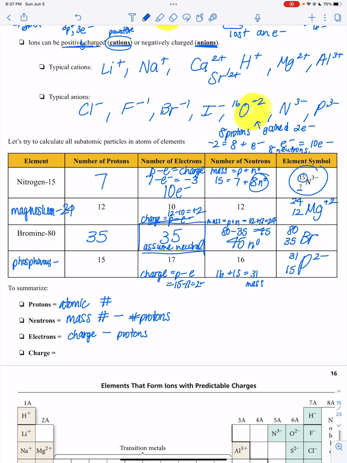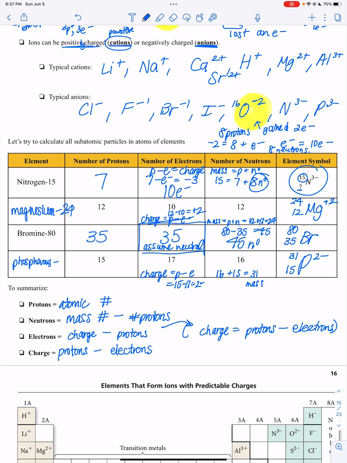Right? If I know the charge and the number of protons, I can rearrange that and figure that out. Or just remember that charge is protons minus electrons. Keep that in mind. Okay? And that's right here. Charge is protons minus electrons.